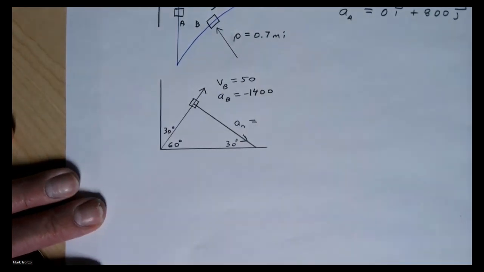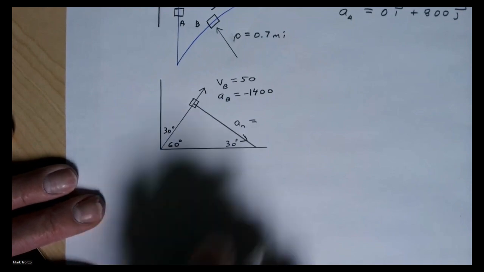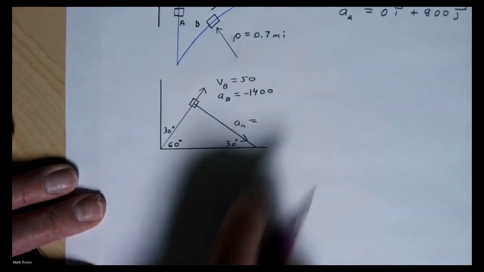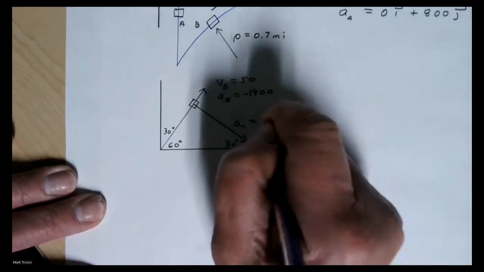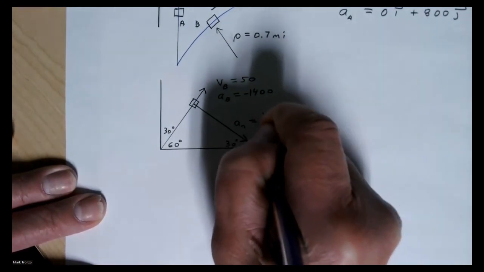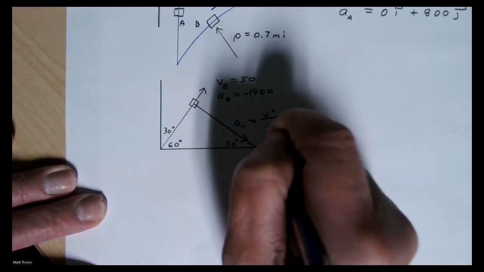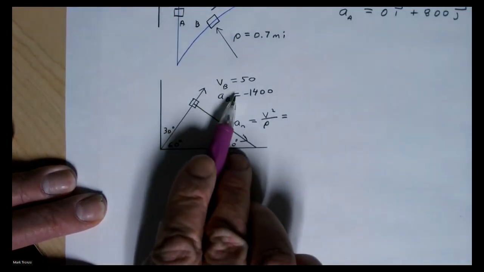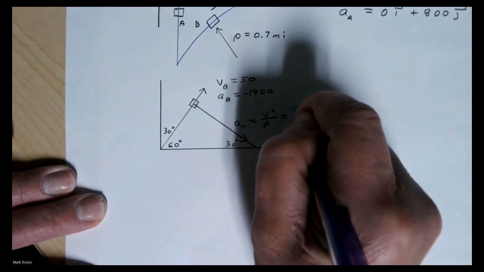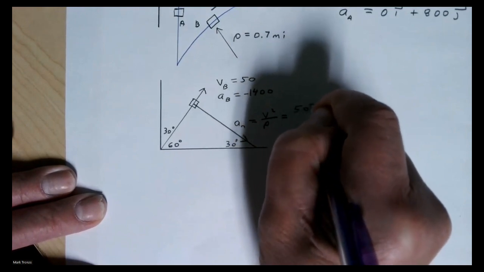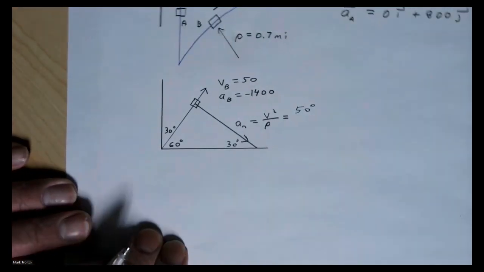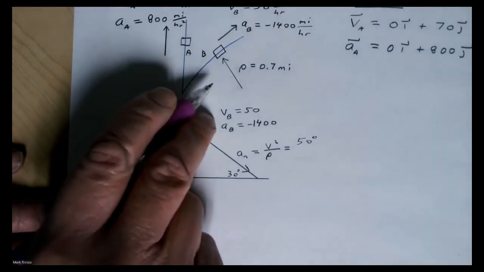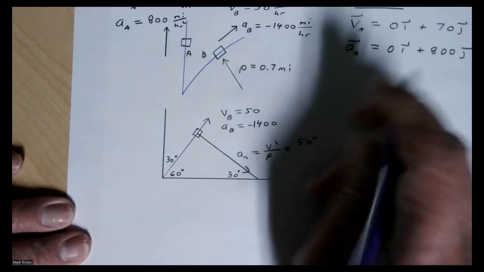So now let's see if we can put this together. Now the normal acceleration, you recall, is always going to be velocity squared over rho. In this case here, our velocity is 50. Our rho, the radius of curvature, is 0.7.